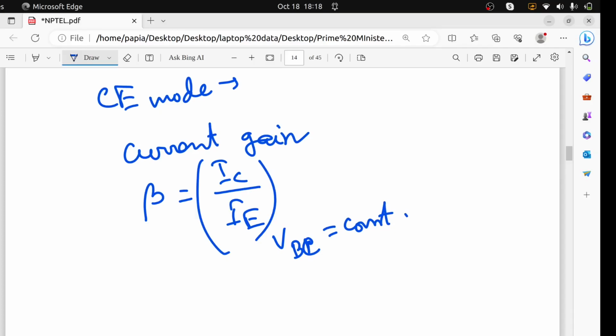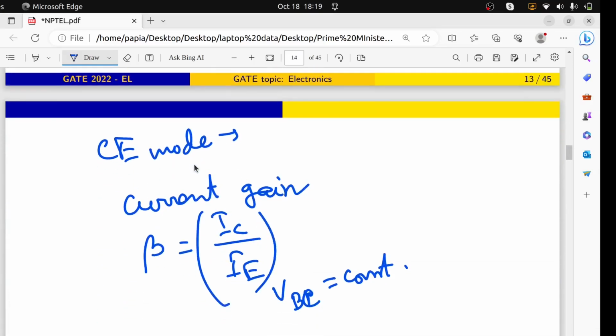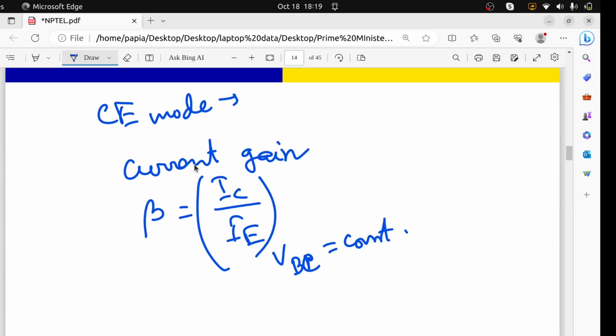Now in that question they are asking that beta depends on temperature. Is it correct or not? Beta depends on temperature. So you can see here, beta is nothing but the ratio of two currents. One is IC and another one is IE. So if somehow I can show that IC depends on temperature or IE depends on temperature, then obviously beta depends on temperature, right?